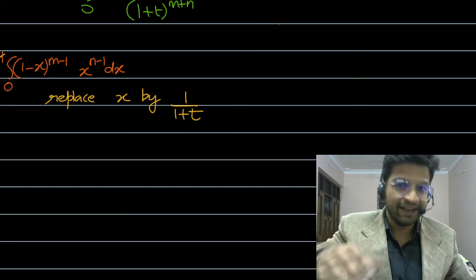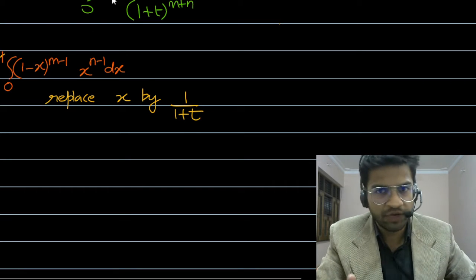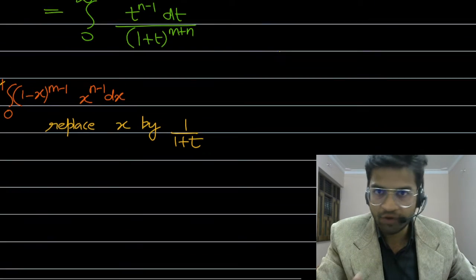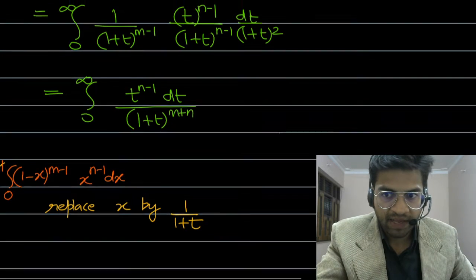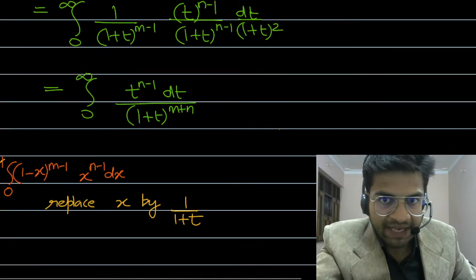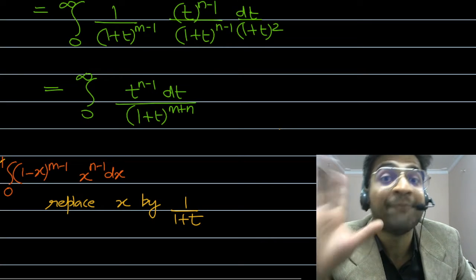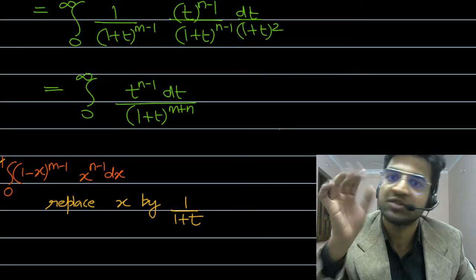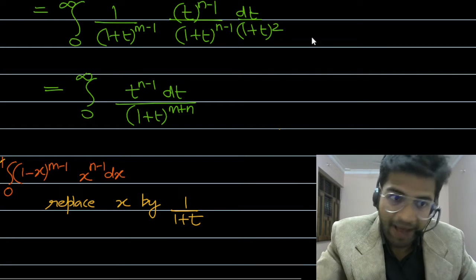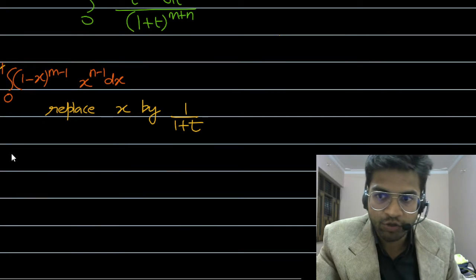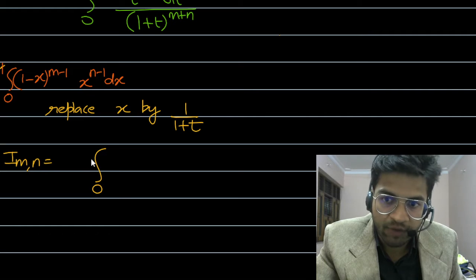We need not solve it, just understand the pattern. See, 1 minus 1 by 1 plus t, you will take the LCM. In the numerator you will get t to the power m minus 1. That's all that will make the difference. So from this, the same I m n will also be equal to the integral 0 to infinity.